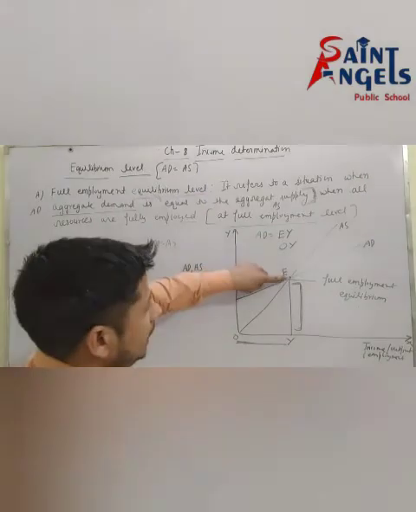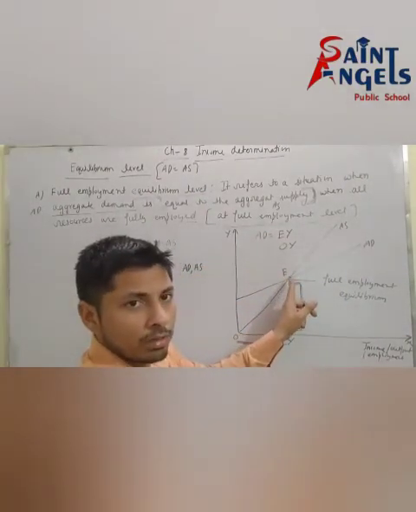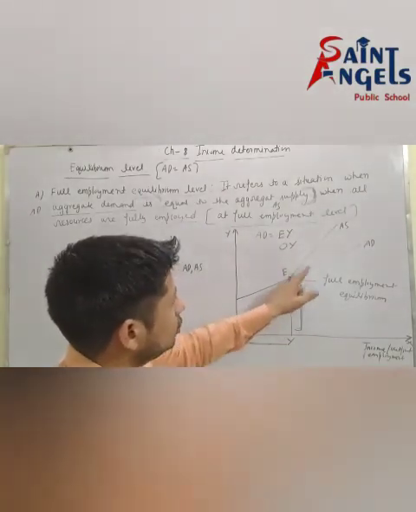At this point equilibrium occurs because AD is equal to AS.